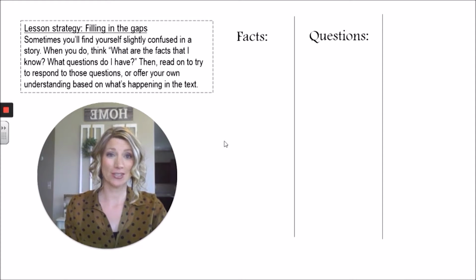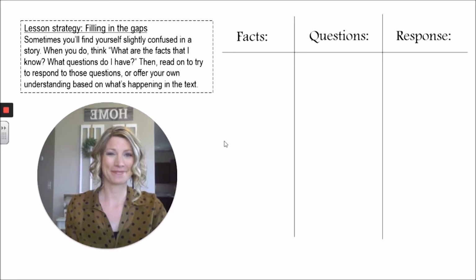And the final section is response. I'll wait for you to write. I'm going to model all the writing for you today. You won't need to do any writing until the end, and I'll tell you when it's your turn. If you have questions as we read, please feel free to write them down in the questions column. Are you ready to begin? Me too. Let's read.